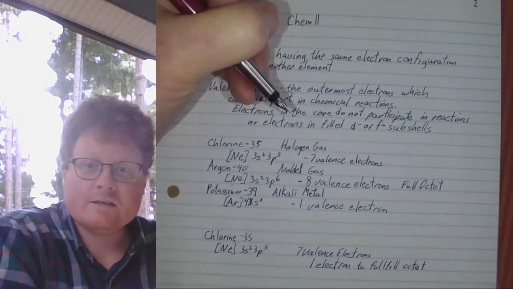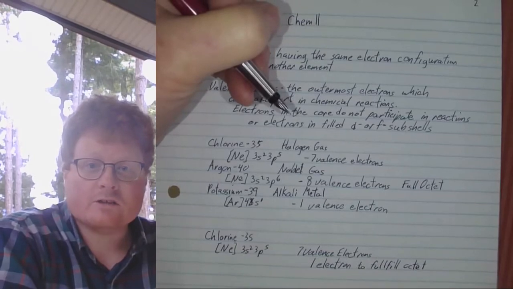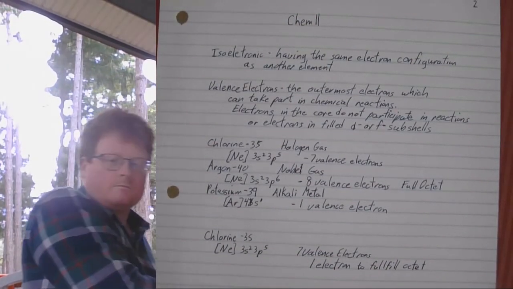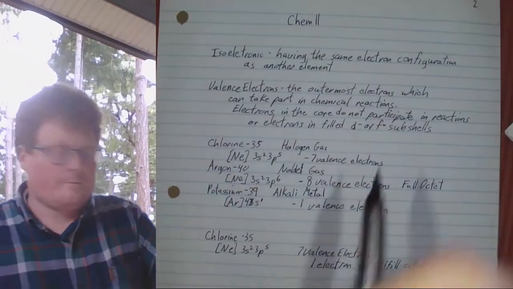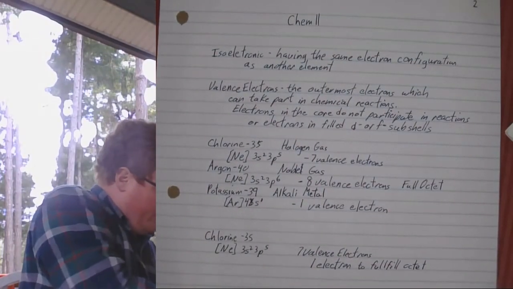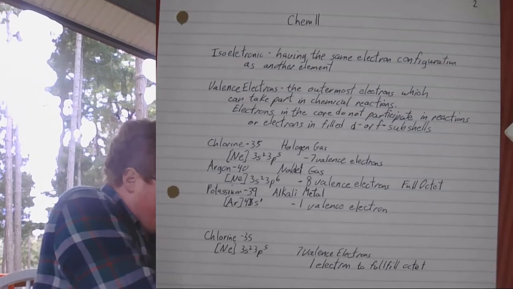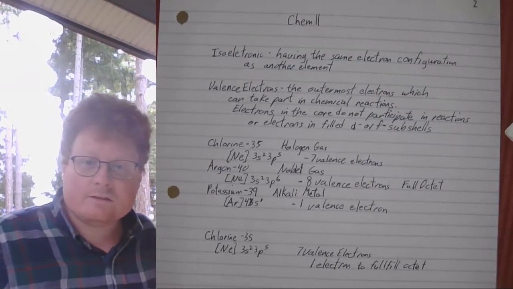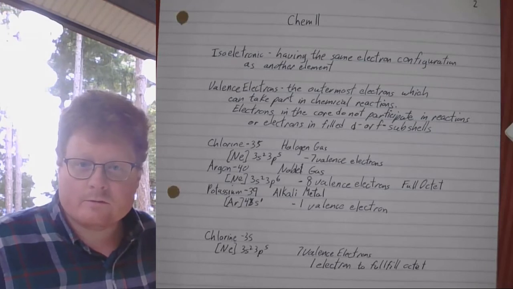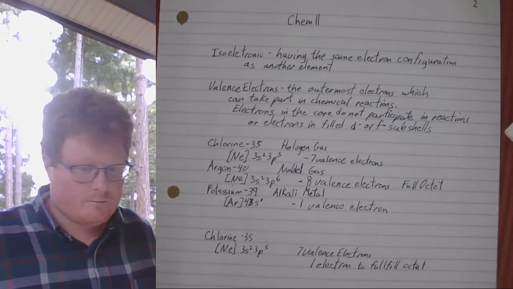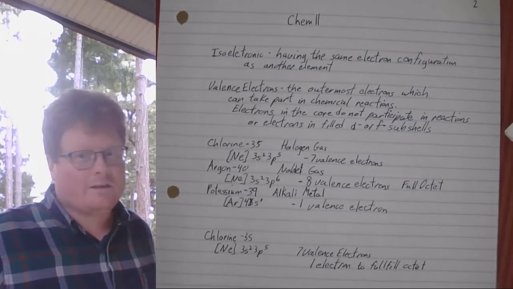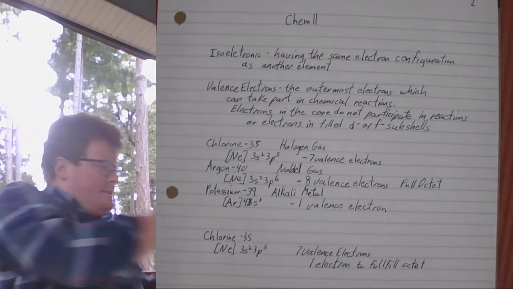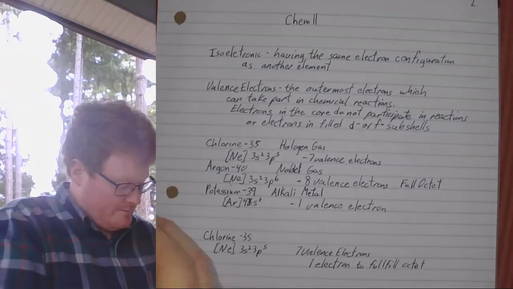Does it have space in its orbitals for 1 more electron? Take a look. It has 3s2, 3p5. How many electrons can fit in the p orbital? You're right, 6. So I have 5, and I can fit 6.